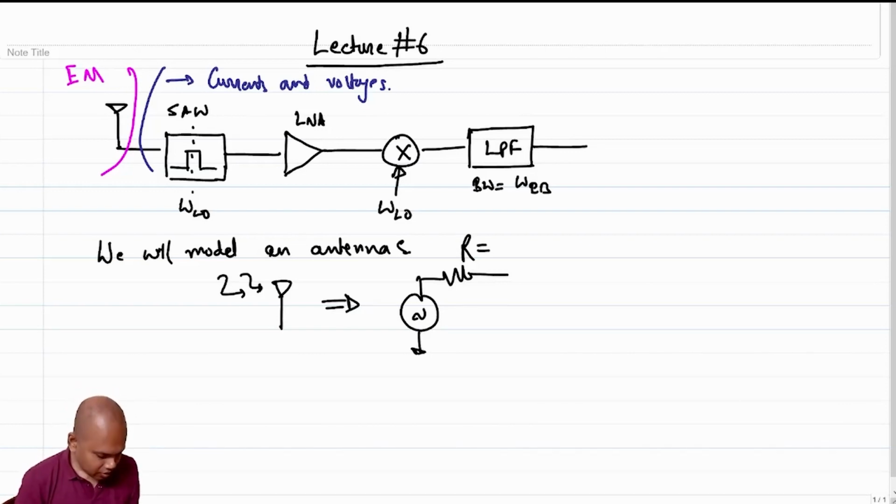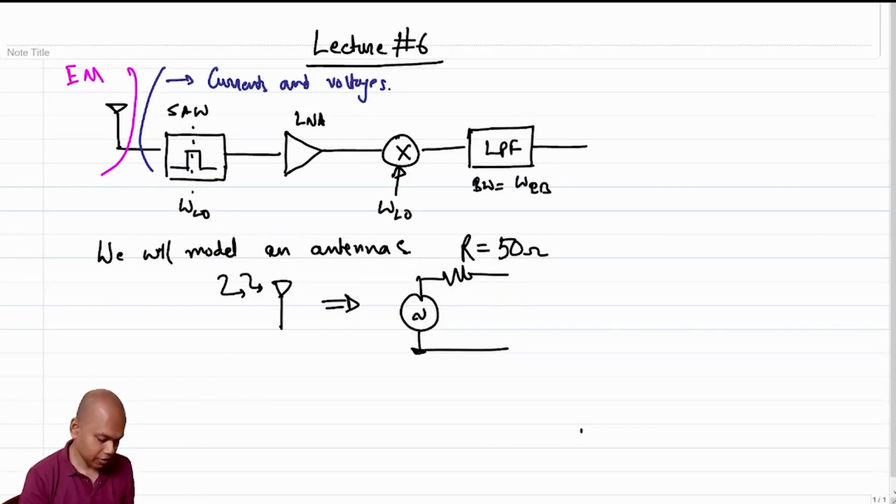And you can make this resistance whatever you want, but generally this value of R is set to 50 ohms.